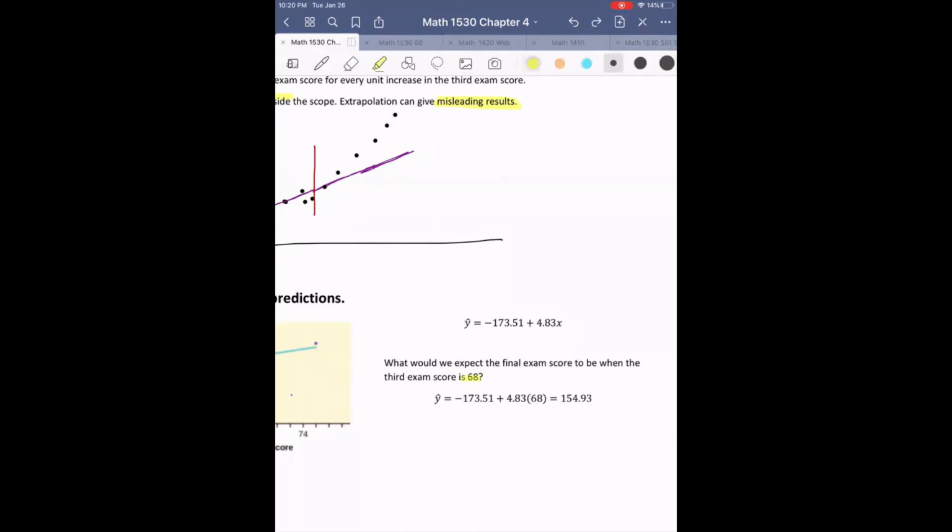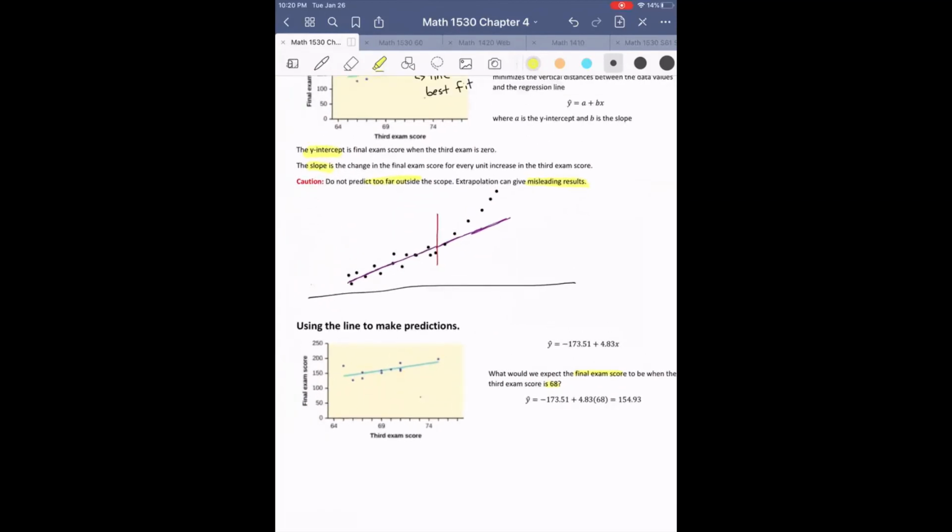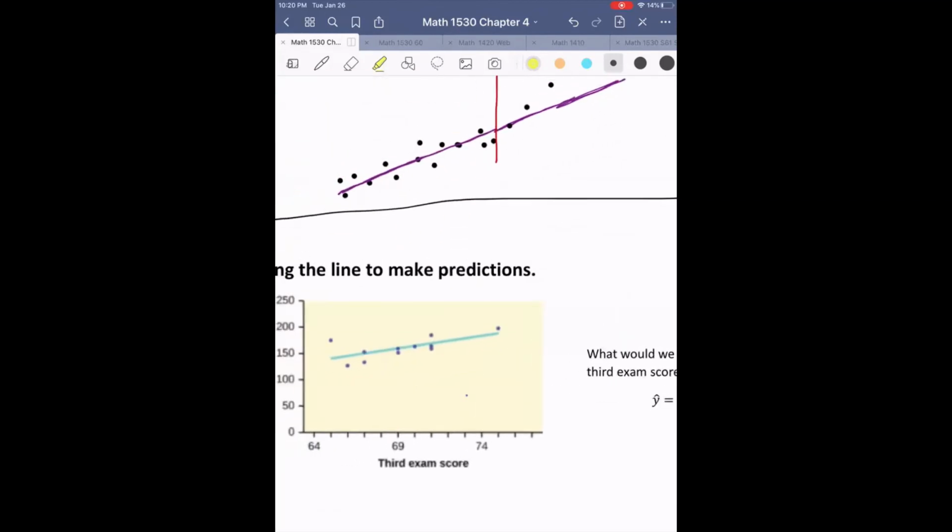That's something we can definitely do. So how could we determine that? Again, we're going to use this line to make a prediction. So how will we do that? Well, we could go here to where 68 would be. It'd be right here.